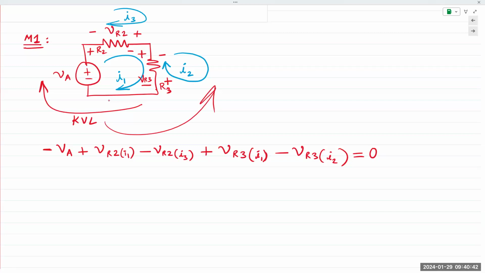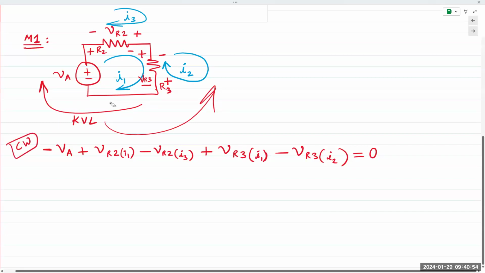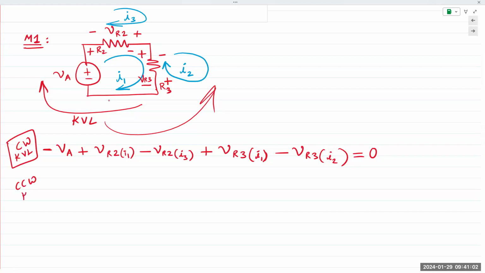Then my equation would be, so this is clockwise direction. And this would be counterclockwise. So if I add up in this way, first voltage I encounter is VR3. I would write minus VR3, and this would be due to I1.